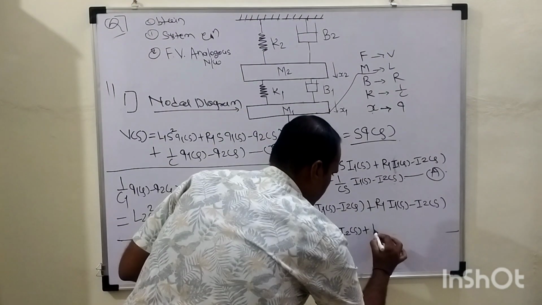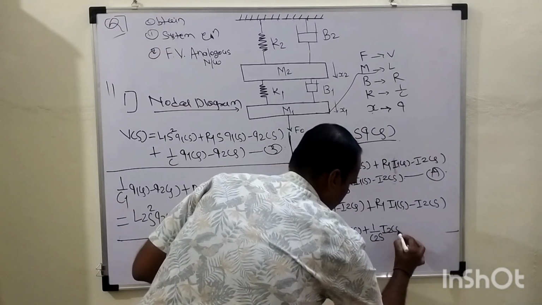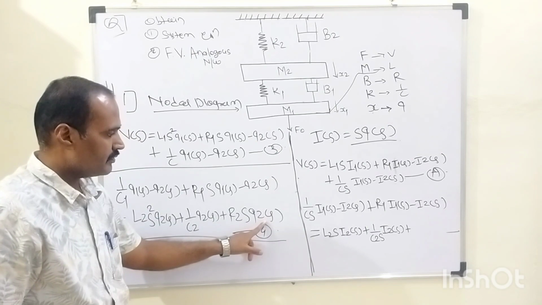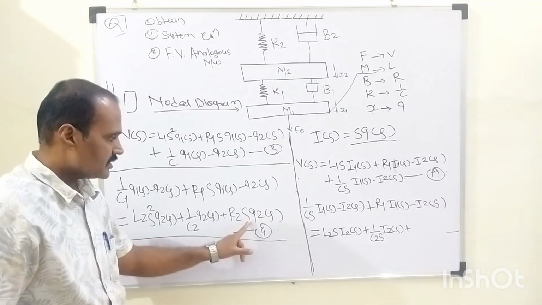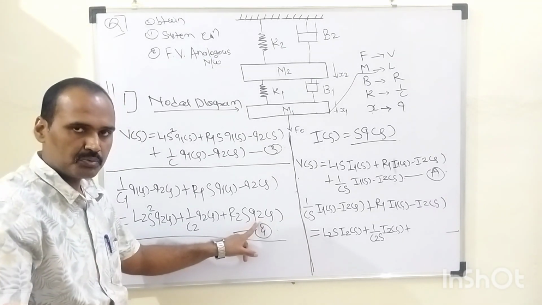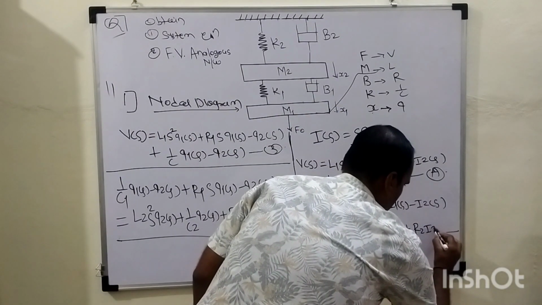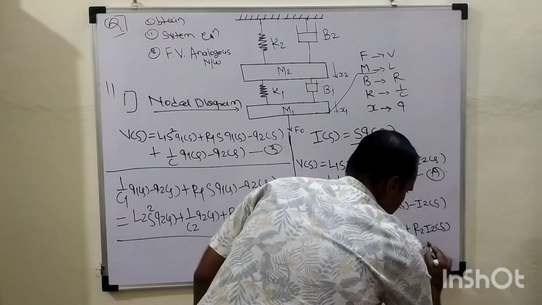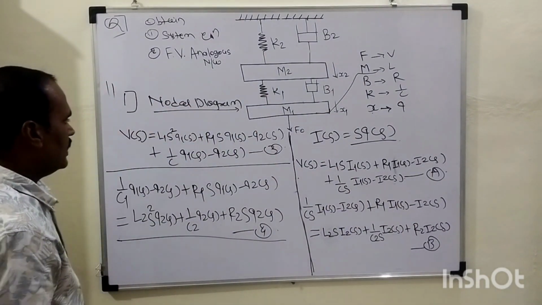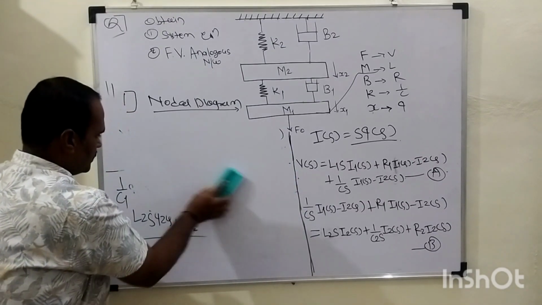So it will become 1 over, as we don't have this S term, 1 over C2 times of S into I2 of S, plus the coefficient for this R2 is S times of Q2 of S. S into Q of S is nothing but I of S. So which Q, here we are having Q number 2. So which current we need to consider? I number 2. So it will become plus R2 into I2 of S. This is nothing but our equation number capital B. So from these two equations, equation number capital A and capital B, now we definitely can draw the final force voltage analogous circuit, right?